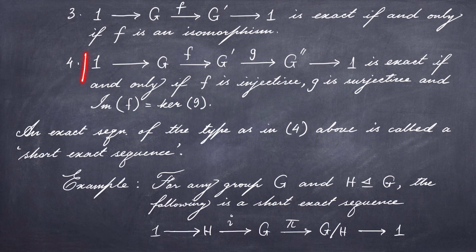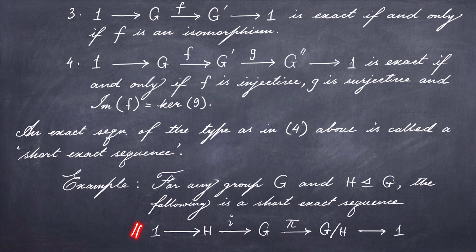An exact sequence of this type is called a short exact sequence. Let me give you an example. Given a group G and a normal subgroup H, the following is a short exact sequence. Here we have the inclusion map, which is obviously injective, and then we have the quotient map, which is obviously surjective.